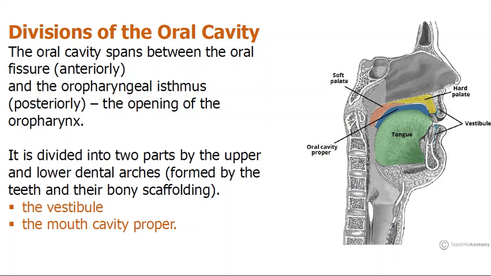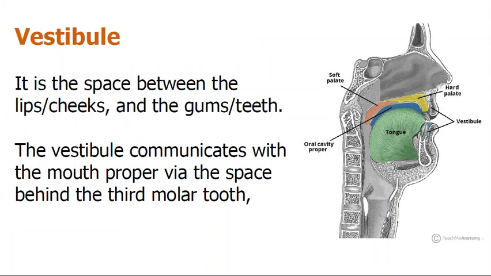When the person is closing or clenching his teeth, or the upper and lower jaw is closed, the space between the cheek and the dental arches we can call the vestibule. Okay, so the vestibule is the space between the lips, cheeks, and the gums and teeth on the other side.